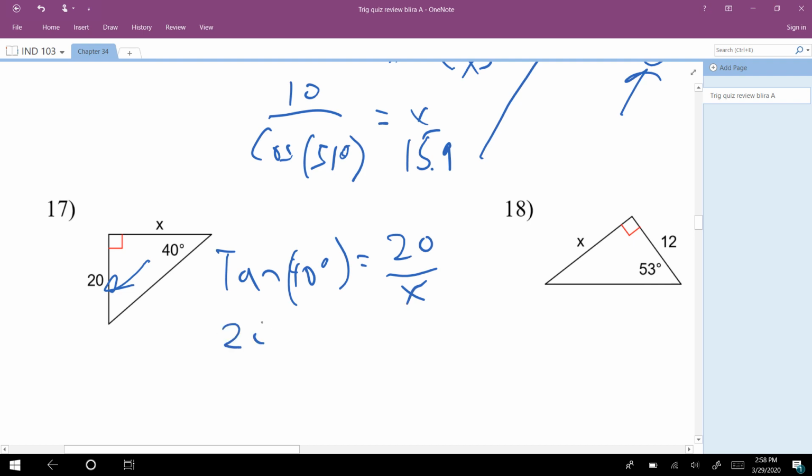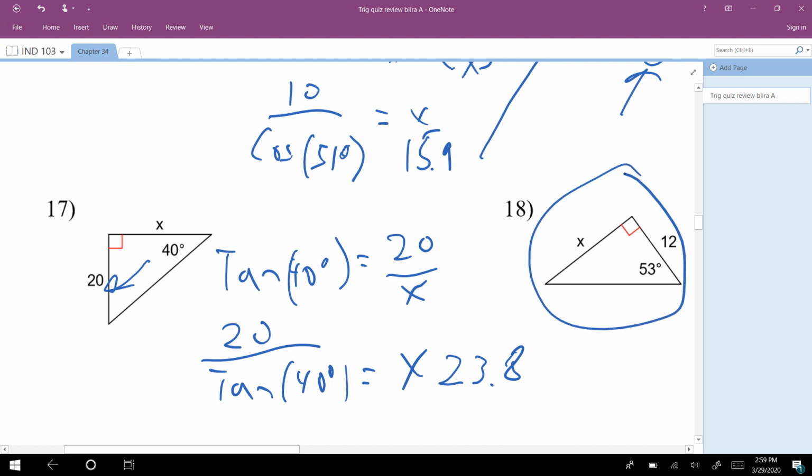So that's going to become 20 over tangent of 40 degrees is equal to x. And 20 divided by tangent of 40 degrees, I have 23.8. Okay, 23.8. And then you should be able to finish up this tangent one on your own.